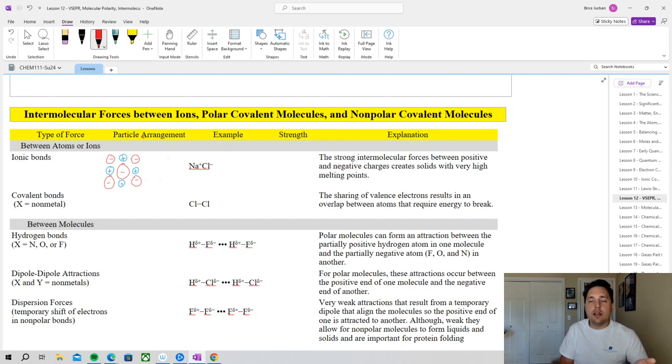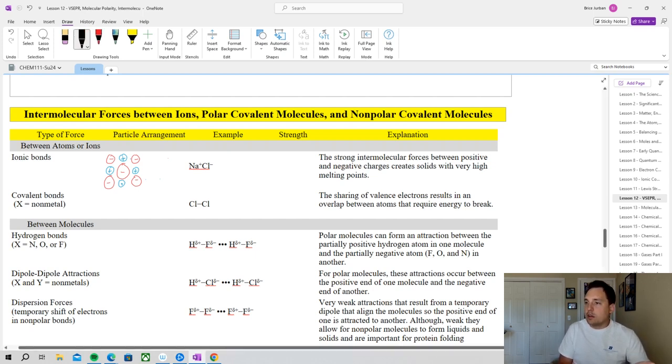And this results in a really high strength bond. So this is the strongest type of force. So that's not an intermolecular force, that's an intramolecular force. And this creates solids that have very high melting points.